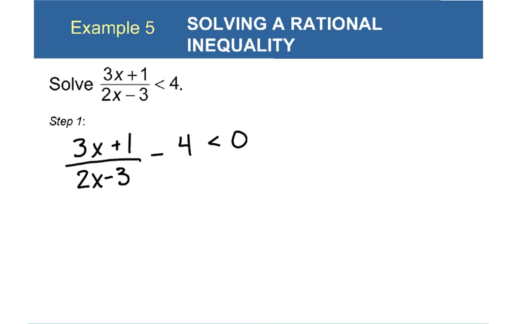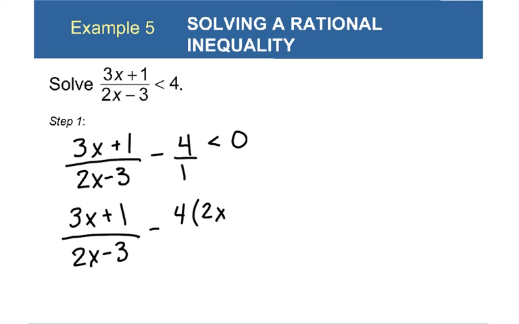Our common denominator again here is going to be just the 2x minus 3, the one that you see here in this denominator. So for this we get 4 times 2x minus 3 over 2x minus 3. So we got a common denominator.